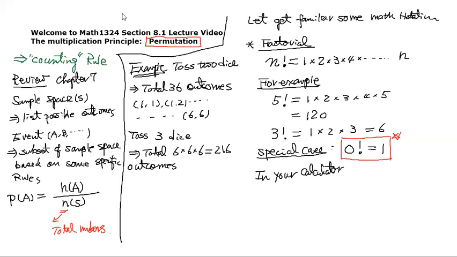You will have keys, and inside this key is the factorial sign. That's how you use your calculator to find it. So this is our first definition, the definition of the factorial. Remember what the special case is and how to find it in your calculator, all right?